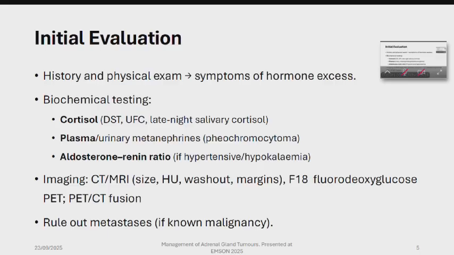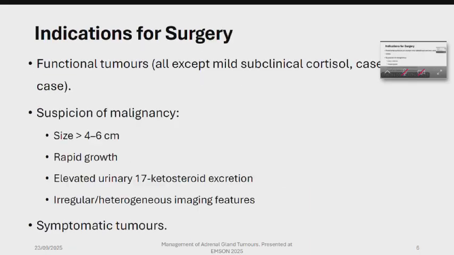Now we could also do F18 fluorodeoxyglucose PET scan, or we do a PET/CT scan fusion. These are advanced techniques to actually pick this tumor wherever they are. And we also need to rule out metastasis in this individual.